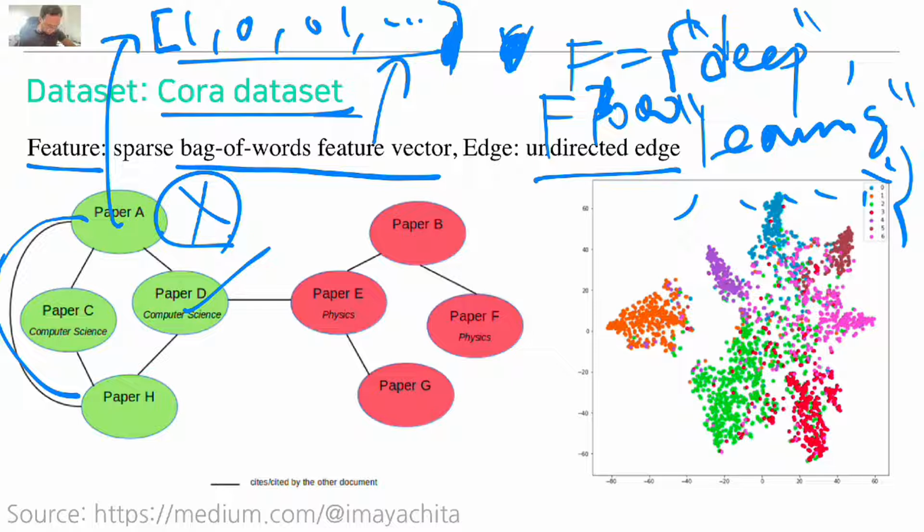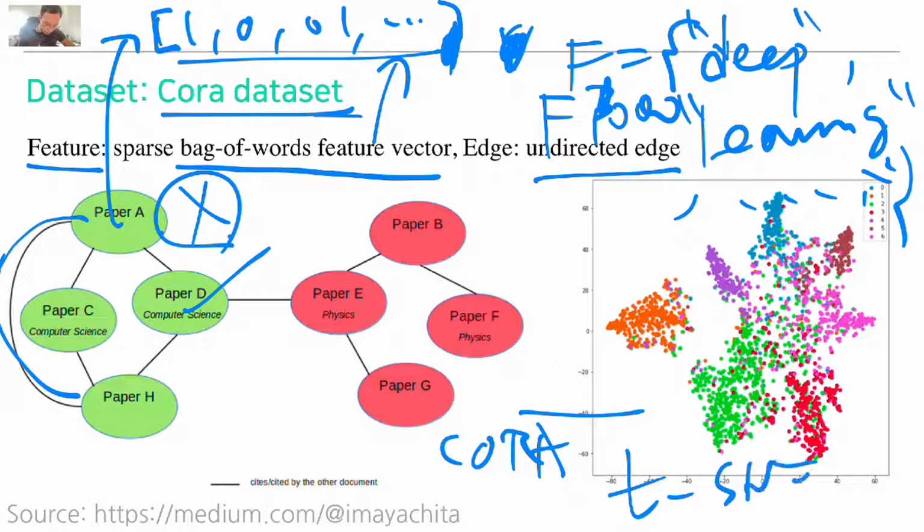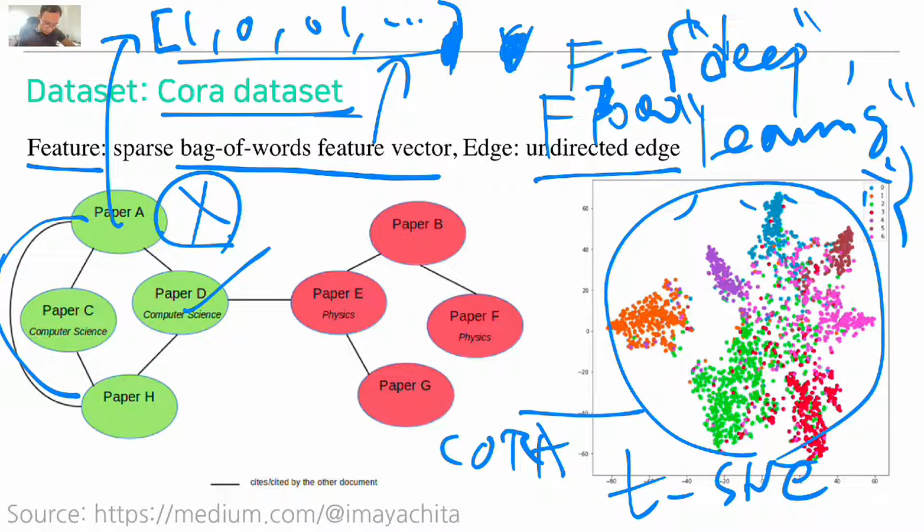As for the result of the graph neural network on Cora, we visualize the result using TSNE, and you are able to get this visualization. It's quite well identified.